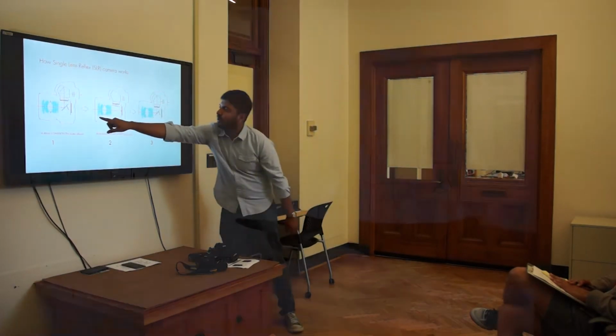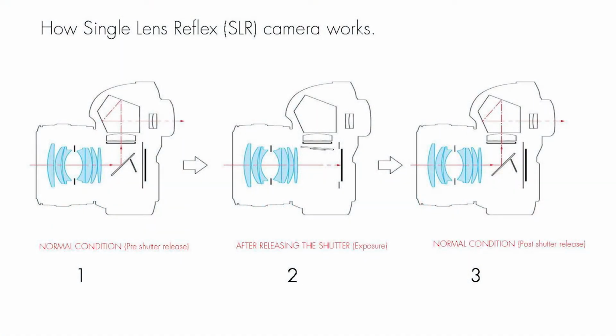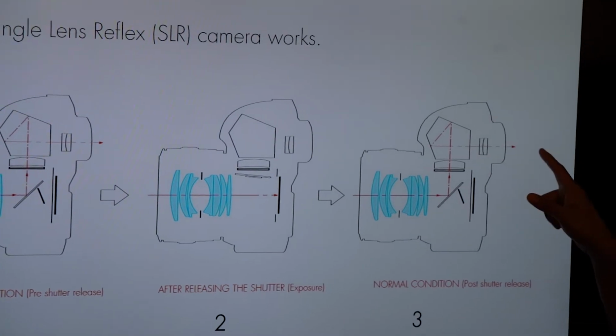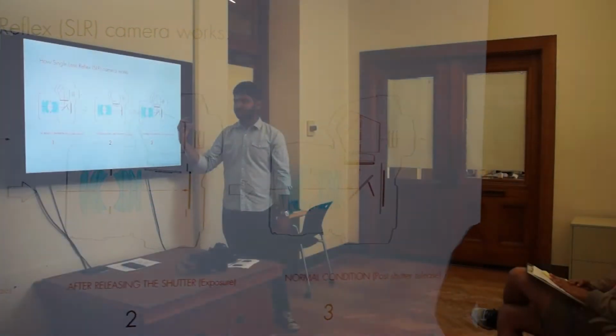So this is how it is before you click the shutter release button. Light coming from the lens gets reflected by this mirror and goes on top, gets reflected multiple times and goes to the eyepiece. So you're actually seeing what's coming directly through the lens.